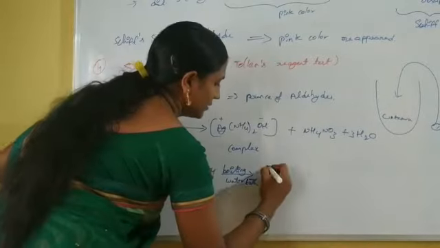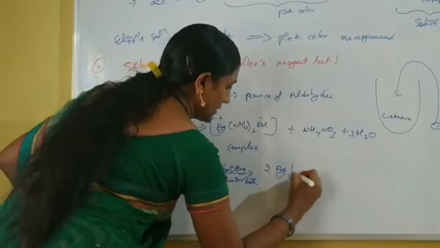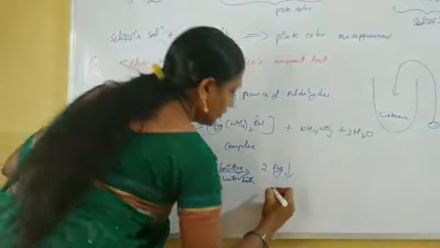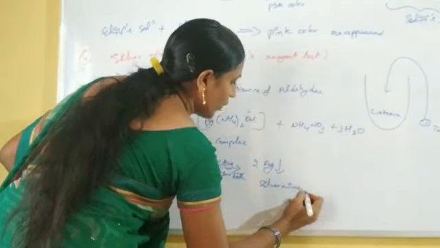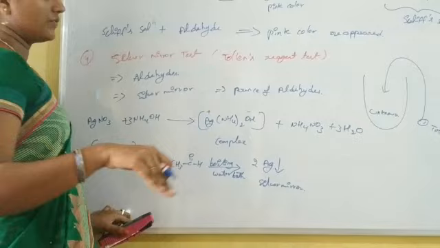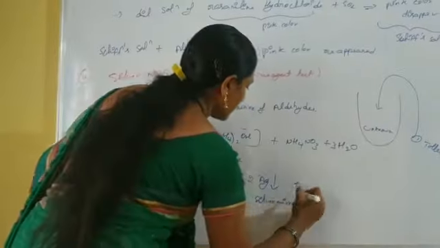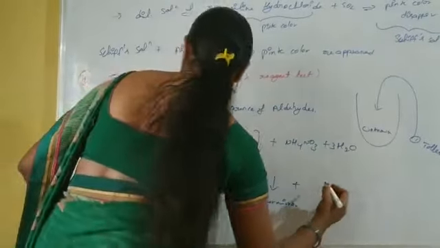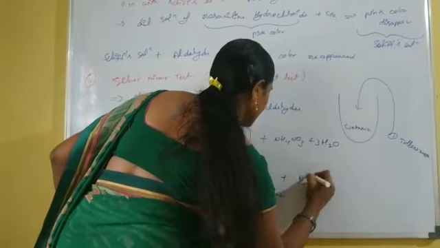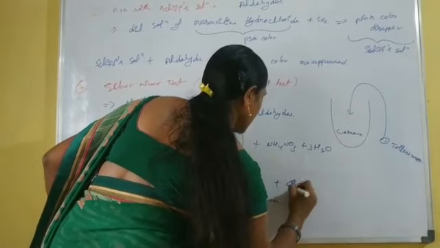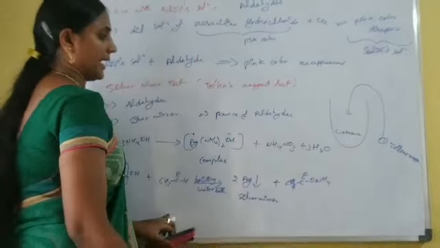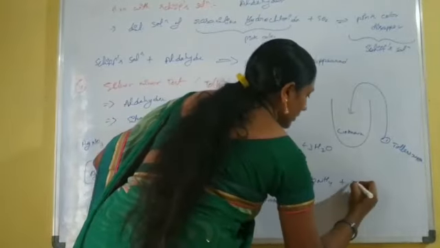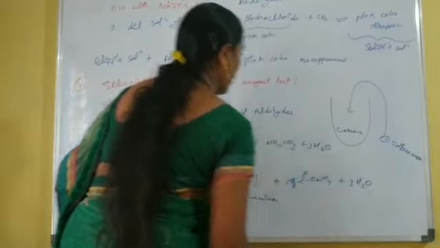We observe a silver mirror. The silver mirror forms on the inner walls of the test tube, and the byproduct is the ammonium salt of acetic acid and 3 moles of water.